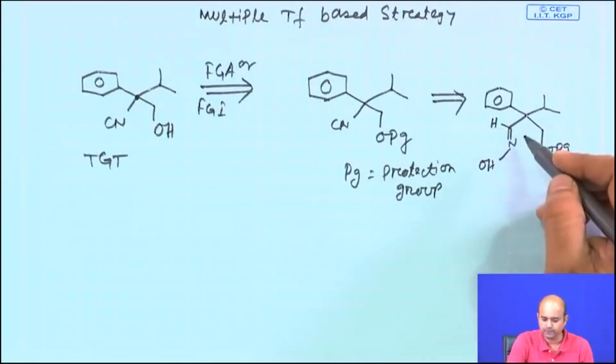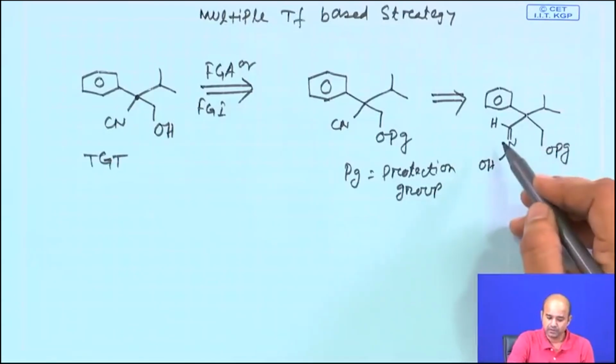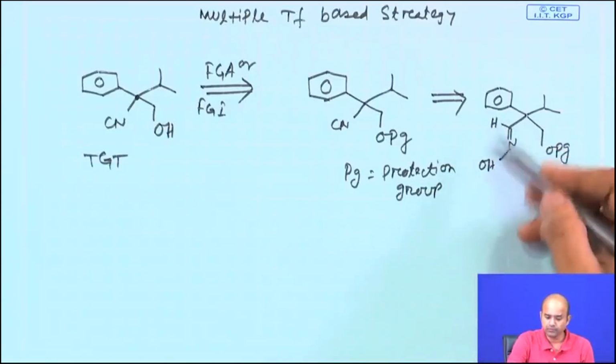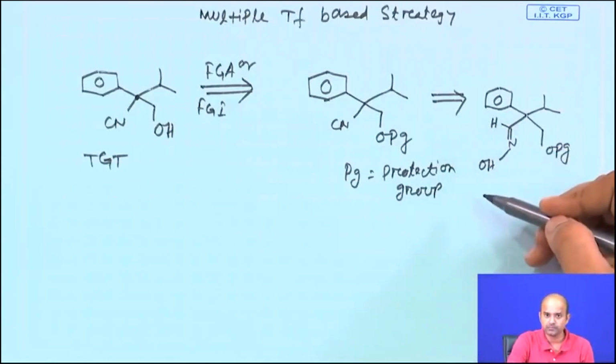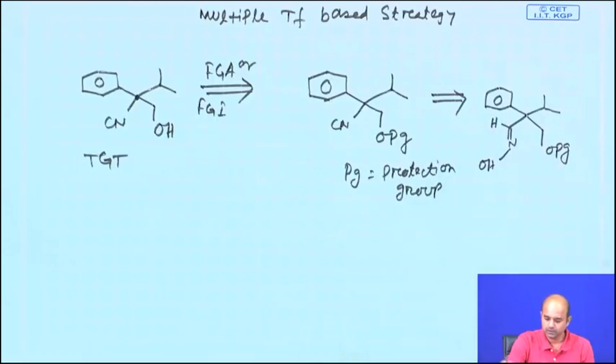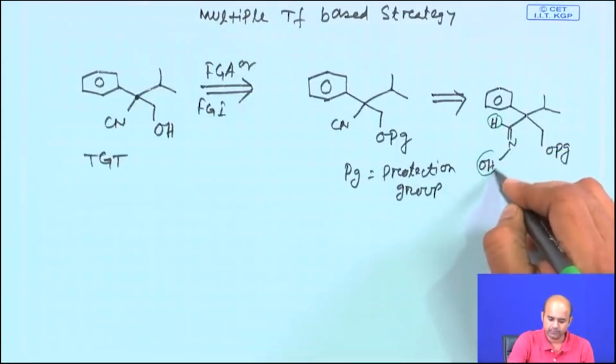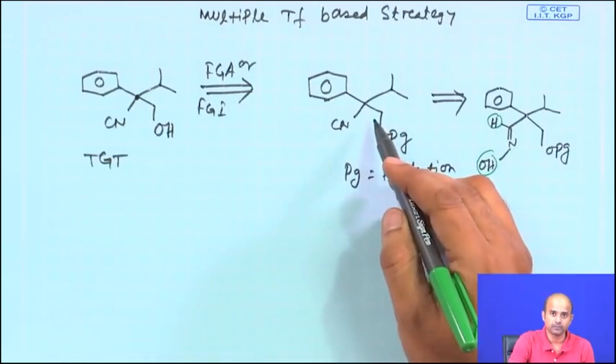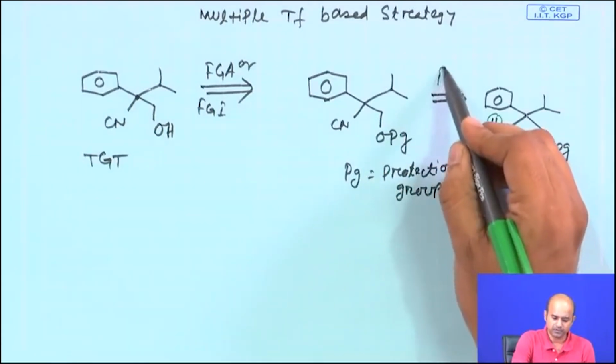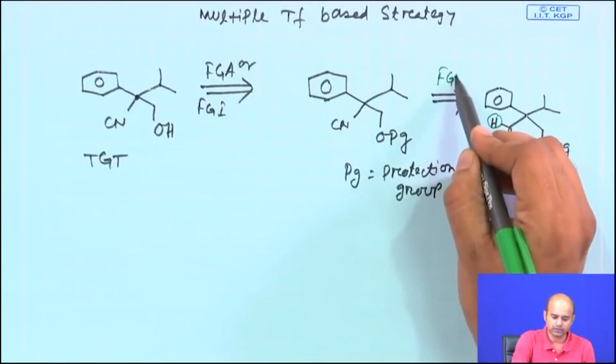This compound is the aldoxime, meaning aldehyde oxime. Now, if you treat an aldoxime with a dehydrating agent, mainly phosphorus pentoxide, water will be eliminated and you get the nitrile compound. So, what is this? This is basically a functional group interconversion. Fine.